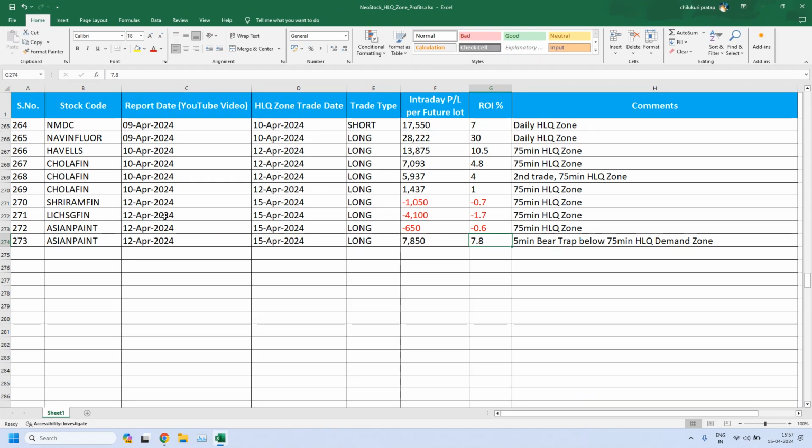And in LIC Housing Finance, it has given 4,100 rupees, which is 1.7% ROI. The risk is very high. Maybe those who can't accept this much risk, maximum allowed is 2%, but some people accept only 1%. Those people might have avoided this trade.